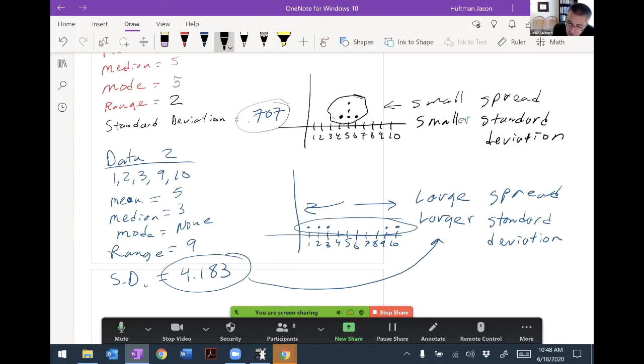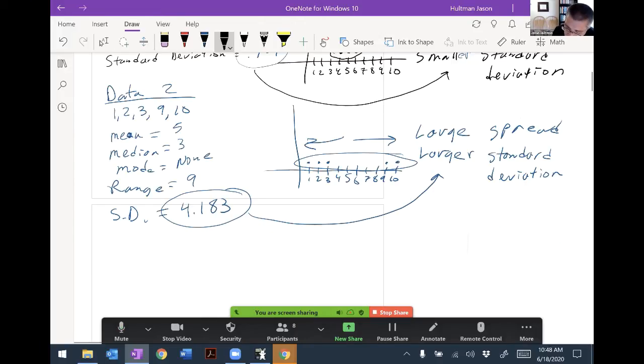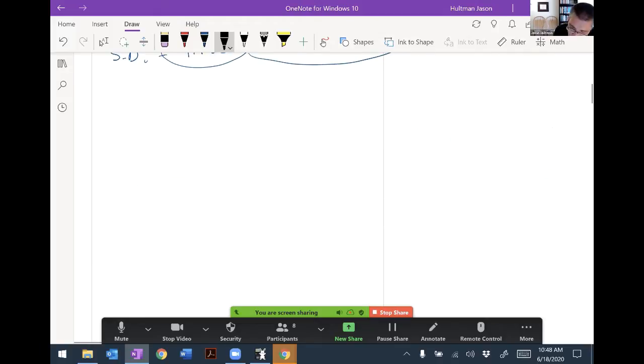Smaller standard deviation went to data set 1. Now, why do we care about this? We care about this because we want to talk now about the characteristics of a distribution. I can never remember how to spell this.